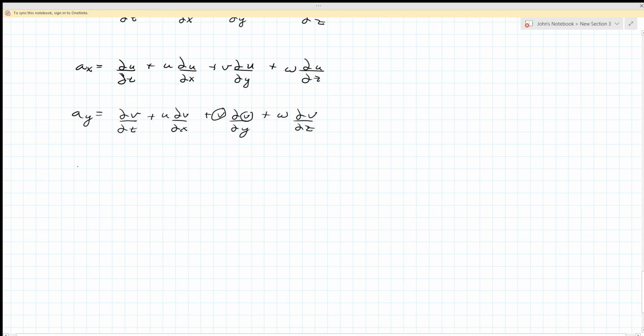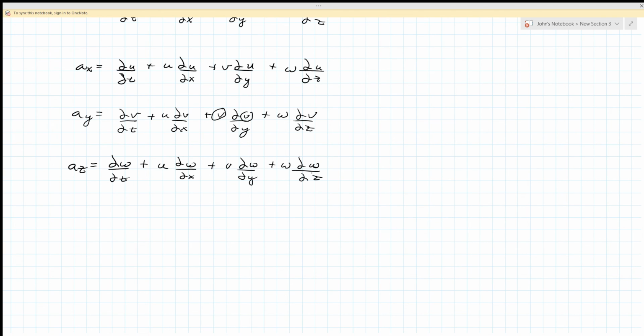So a sub z, and I'm guessing you already wrote it out, it's w this time. Same thing, just w. There you go. This would be the acceleration vector field of the flow.